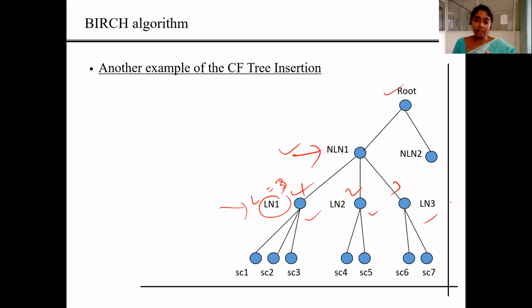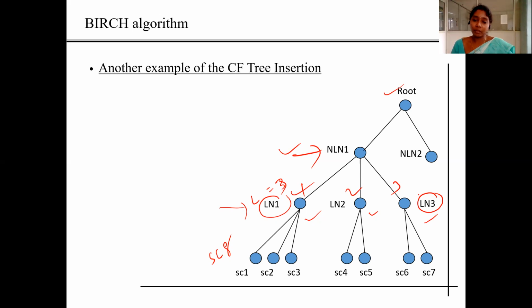Suppose another element, some SC8, another subcluster, comes in, and according to the similarity measure it belongs to this leaf node 3. If subcluster 8 belongs to leaf node 3, based on certain similarity measures, is there any need to update the tree?